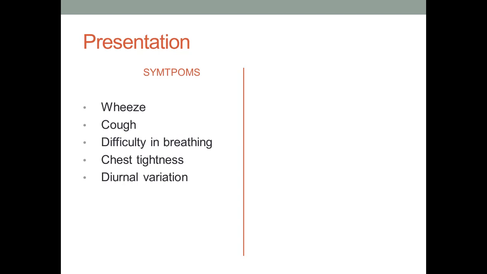And in between the attacks, the symptoms will not be present. The patient will be free of symptoms. So this is episodic. Symptoms of asthma are episodic, sometimes more, sometimes less, sometimes absent.